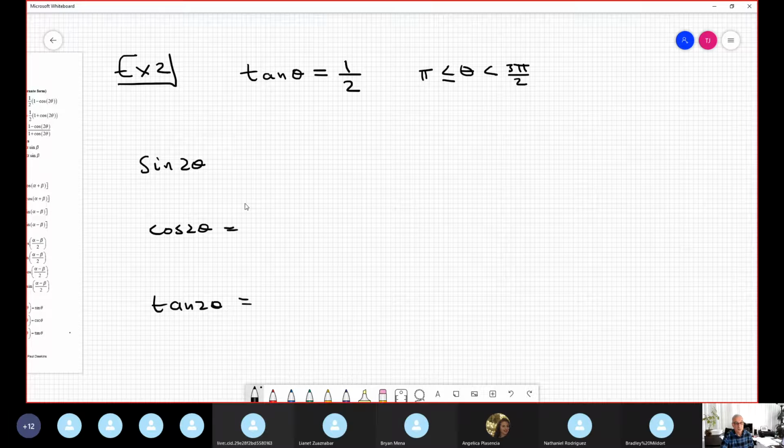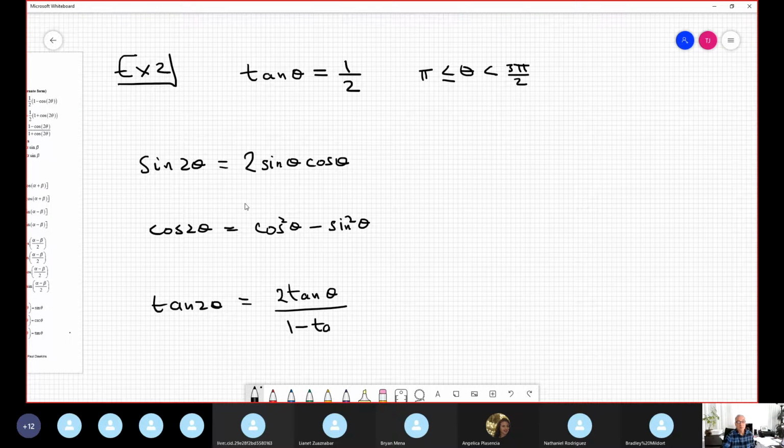That's what we practice now. The formula for sine is twice sine theta cosine theta. For cosine, the formula is cosine squared theta, and so on. We have 3 formulas for the cosine, but I'm using one because only one is needed. For tangent, it's twice tangent theta over 1 minus tangent squared theta.